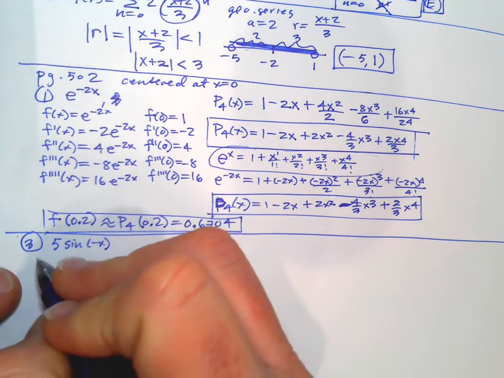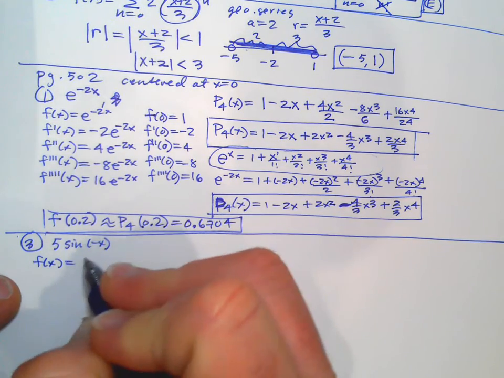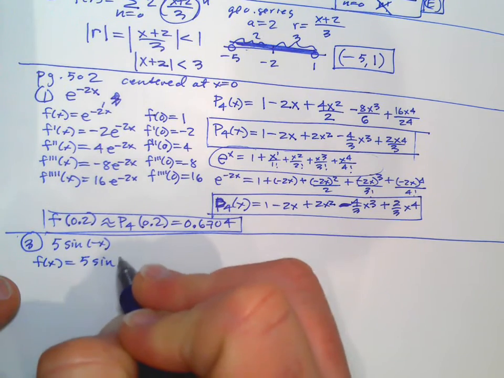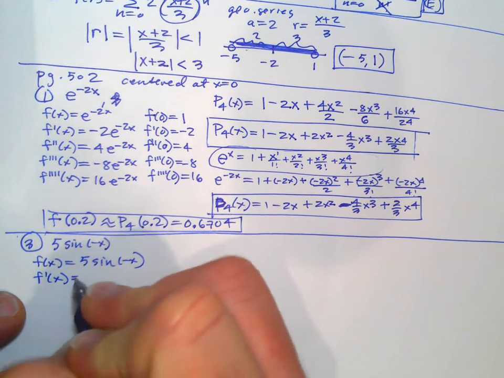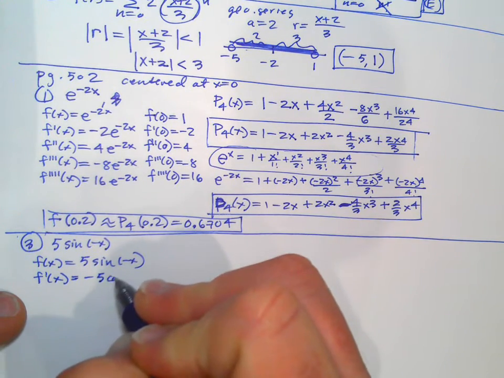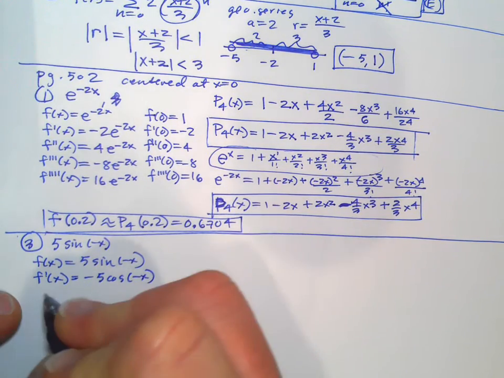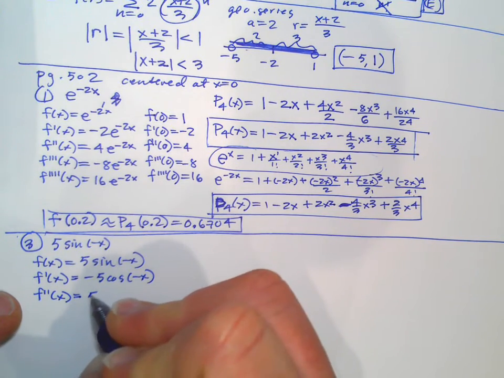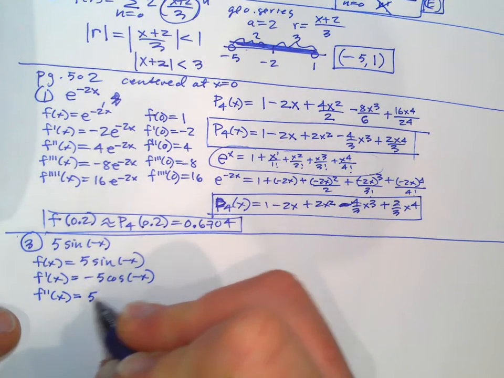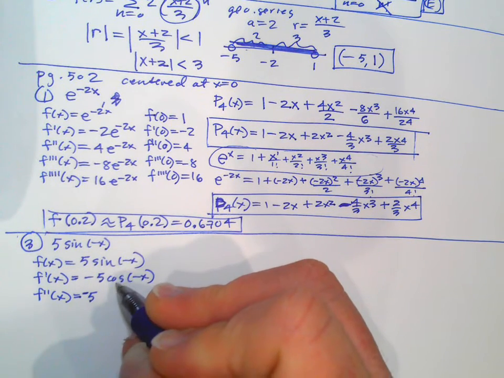So we can say, all right, well, the original function is 5 sine negative x, and the derivative is negative 5 cosine negative x, and the second derivative is positive 5. Well, no, negative, because the derivative of cosine is negative.